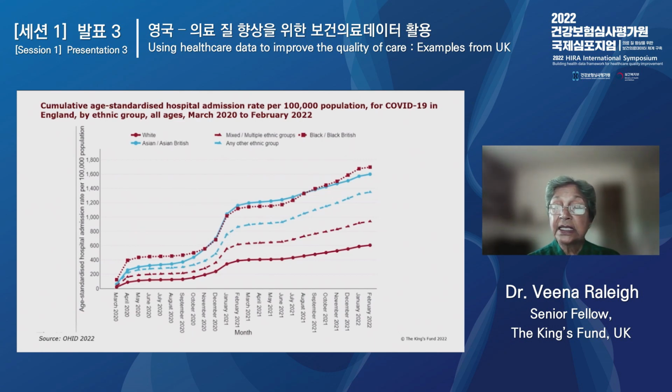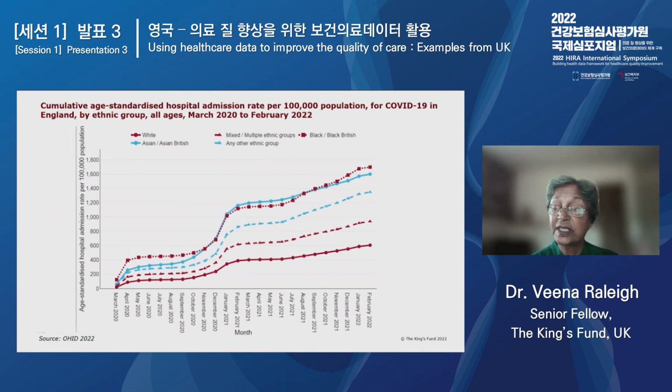And you can see that COVID-19 had a much greater impact on ethnic minorities in the UK, partly because they're poorer. We were able to investigate further why this is the case. And we found that many of these groups are in frontline jobs like bus drivers, healthcare workers, and so on.